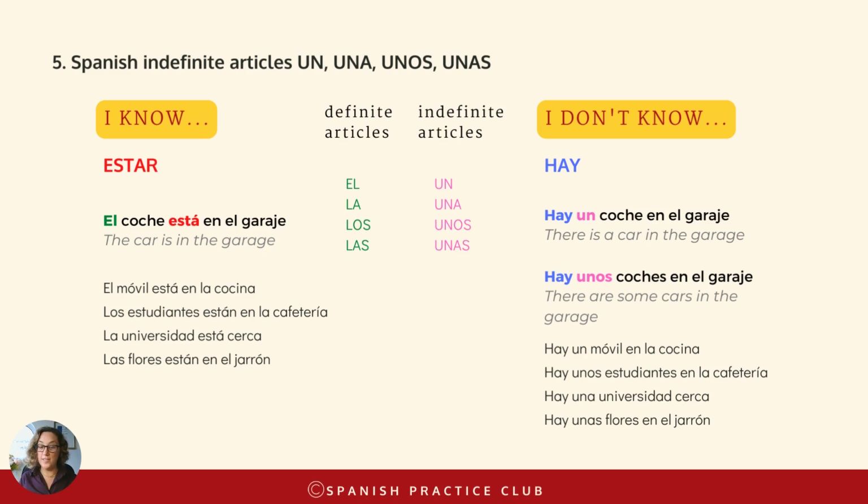The flowers are in the vase. Hay unas flores en el jarrón. There are some flowers in the vase. Notice what the difference is. It's very, very similar to the English and how we use the verb to be for location and the verbs there is and there are.